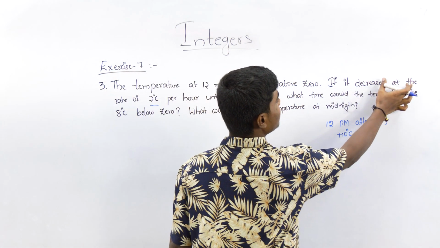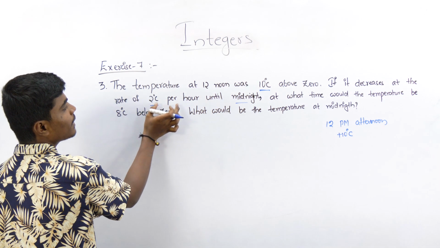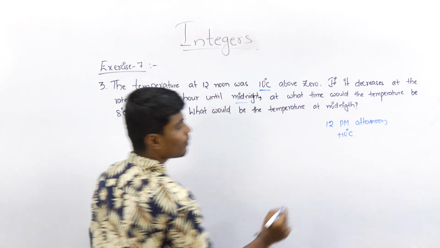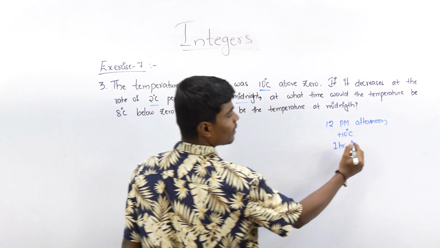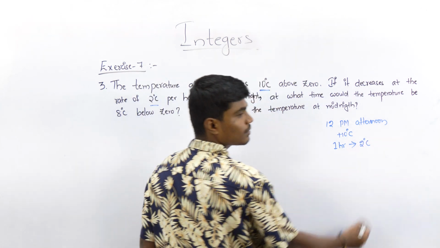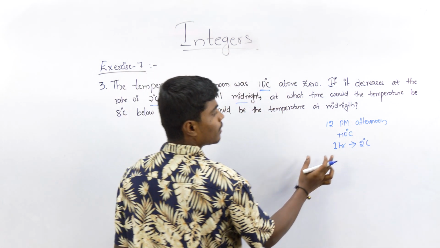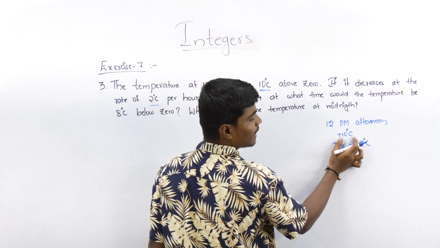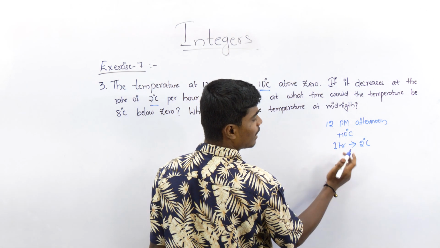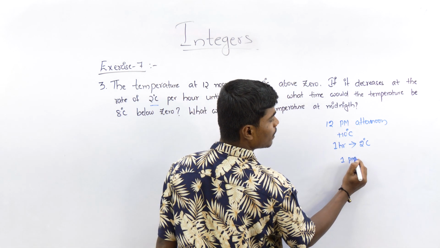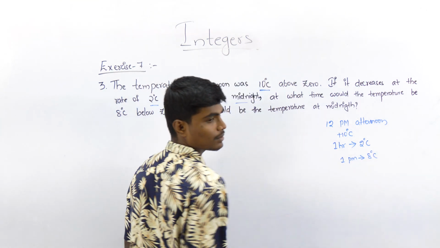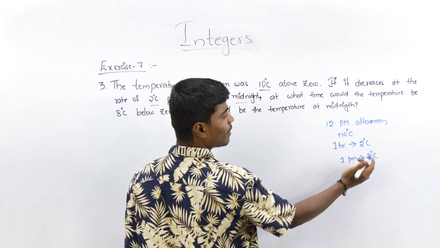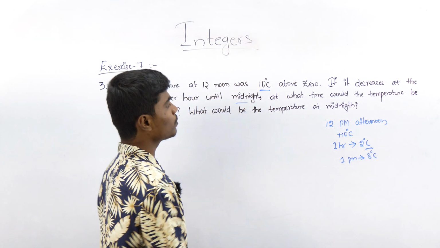If it decreases at the rate of 2 degrees per hour, then at 1 p.m. it would become 8 degrees Celsius.